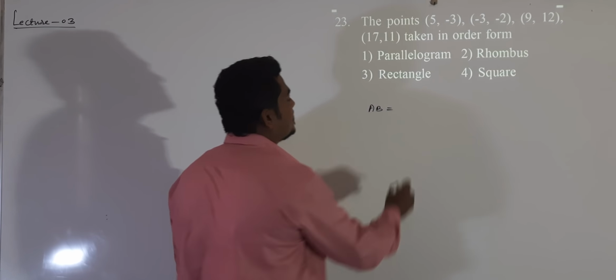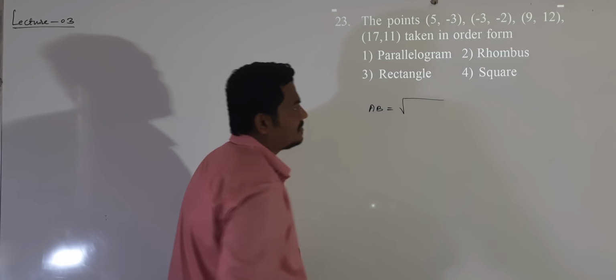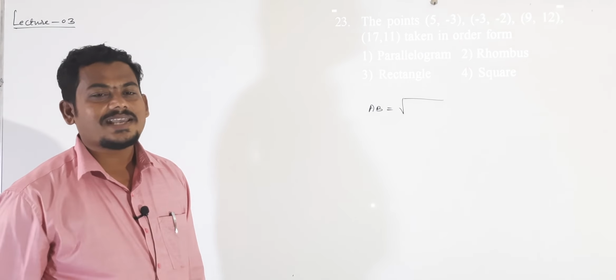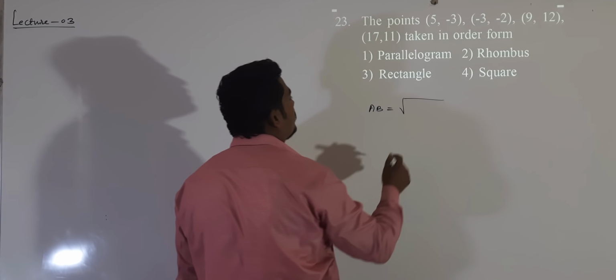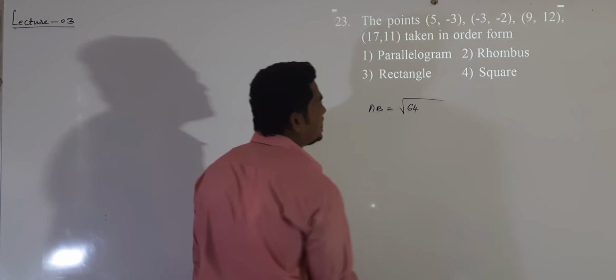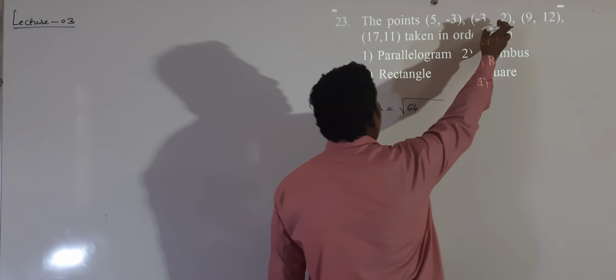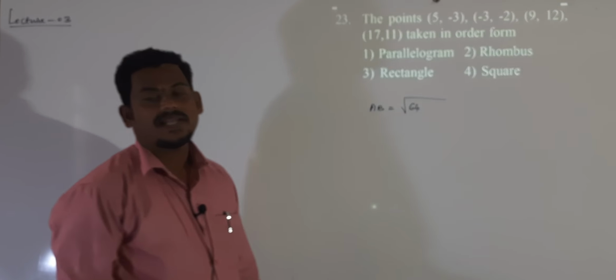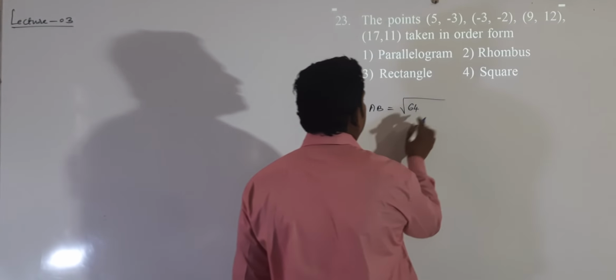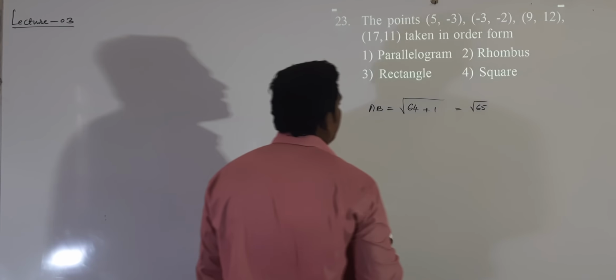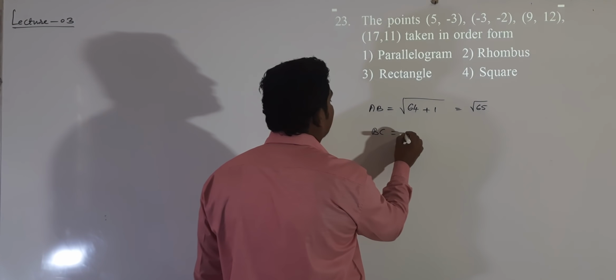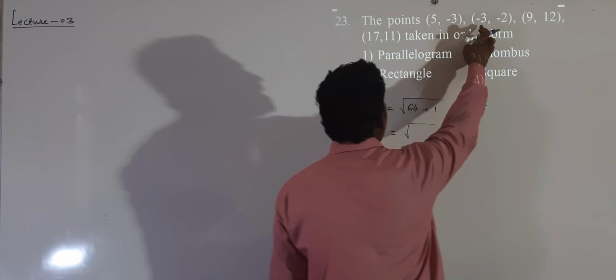AB by using the distance formula, or else write AB square equal to (minus 3 minus 5) which is minus 8, whole square, that is 64, plus (minus 2 minus of minus 3) means 1, it will be square root of 65. After that find BC also, BC means distance between B and C, right?